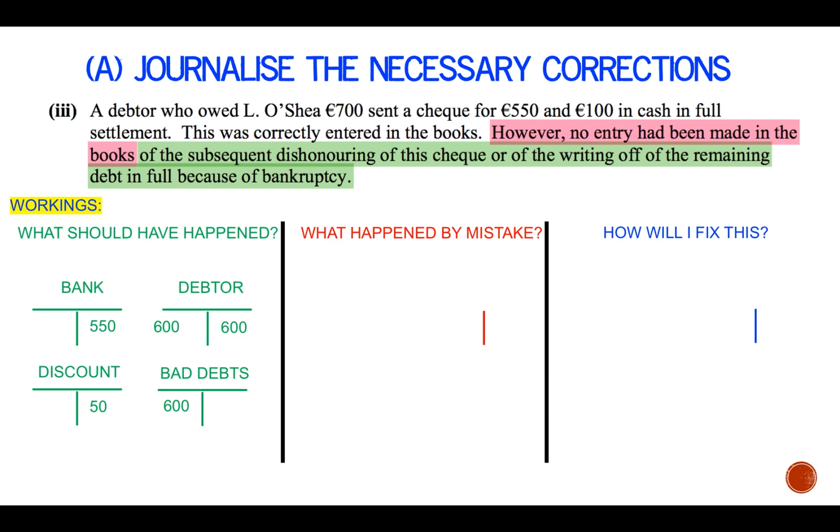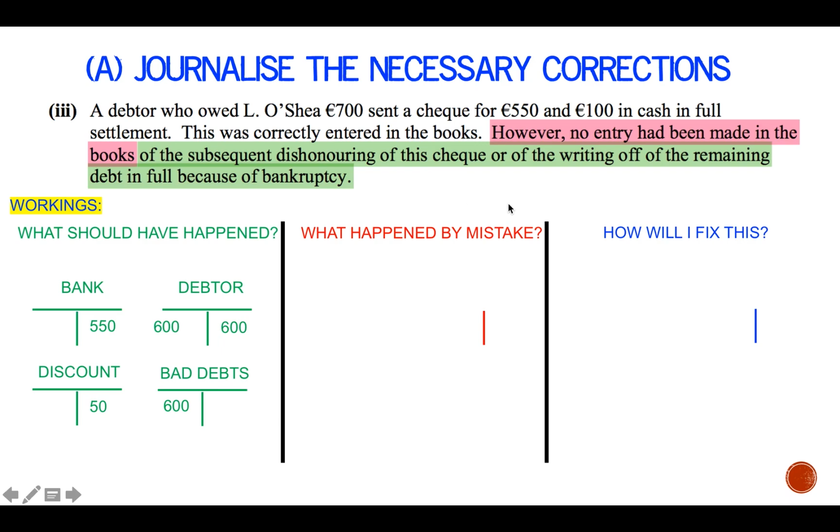So recording the dishonoured cheque, what have we done? Let's talk about this again. We have put €550 on the credit side of the bank account to show that the cheque actually didn't come into the bank. We are now increasing the debtor again because they now owe us the amount of that cheque, the €550, and the discount that we had previously given to them. We'll unwind that too. So €600 they owe us now, and the discount €50 on the credit side.